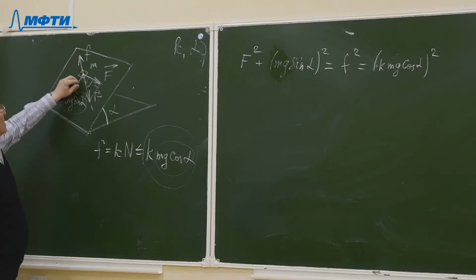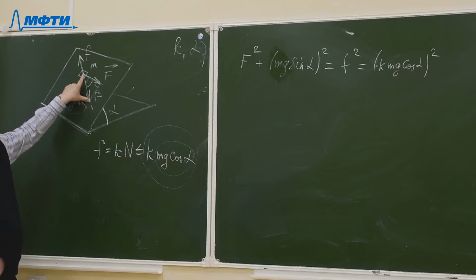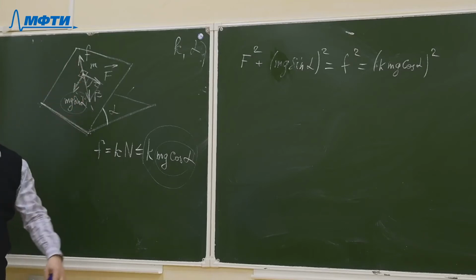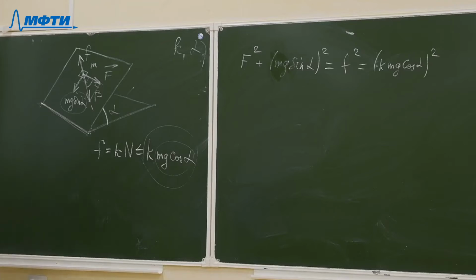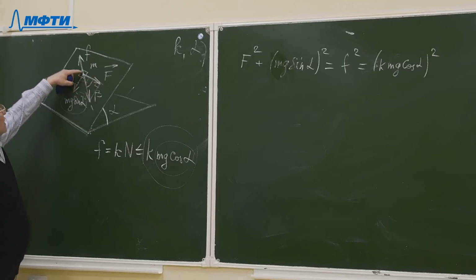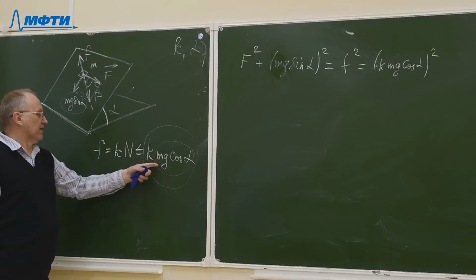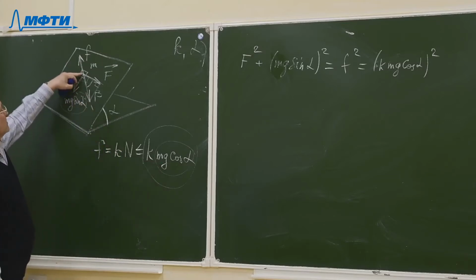When the body starts moving, this force is a little bit larger than this one, but practically they are equal. That's the physical condition: when we increase the force F from 0, at first the force of friction increases until its maximum value, and then the body starts moving.